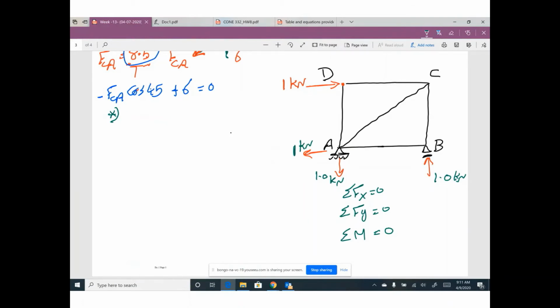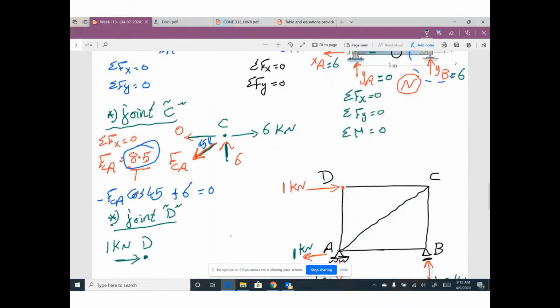Once you calculate your reactions, go ahead and try to make joint equilibrium. I will start with joint D. Joint D, we have horizontal load. I assumed it at 1 kilonewton. Guys, you can assume any direction for 1 kilonewton, but this unit load must be at joint D and must be horizontal.